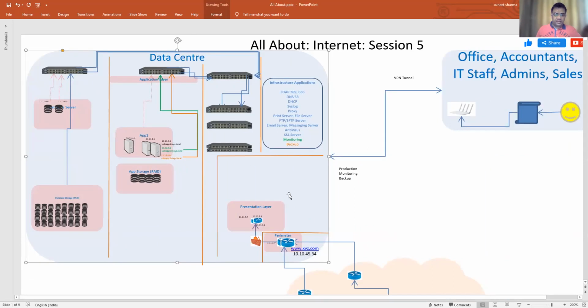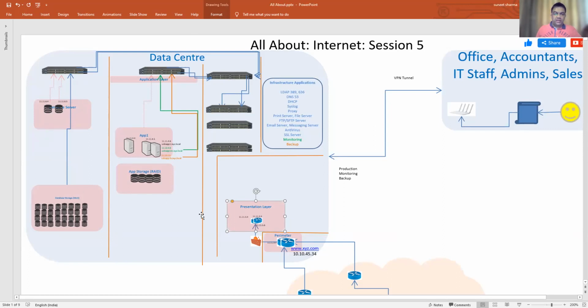If we zoom in here, we will be able to see the different zones that we have created. One is the perimeter zone or peripheral zone, then the presentation layer, then the infrastructure layer, then the network rack, then the application area, then the database area.